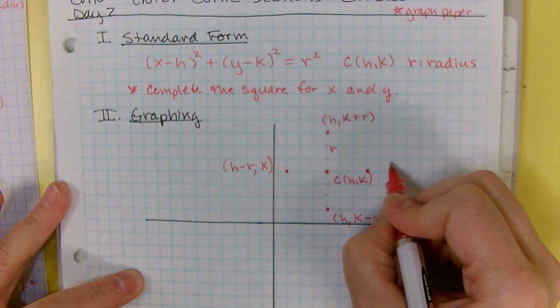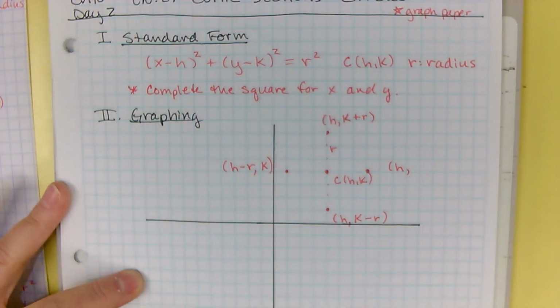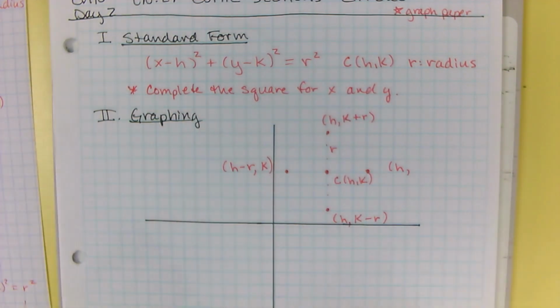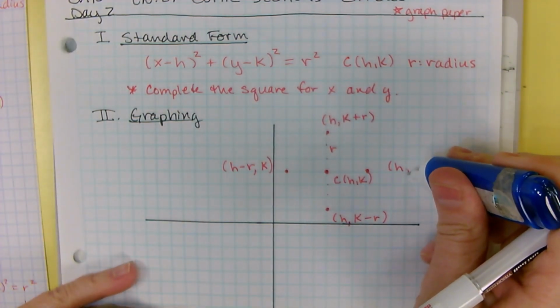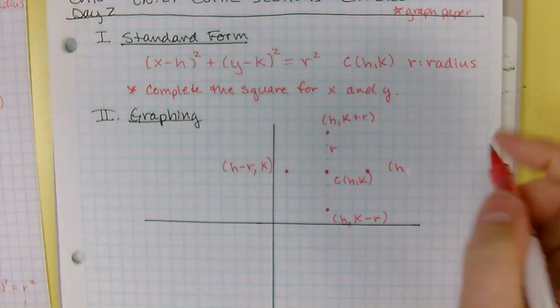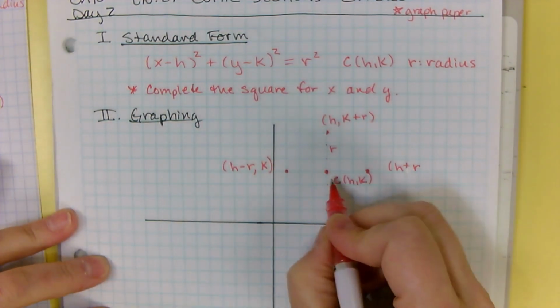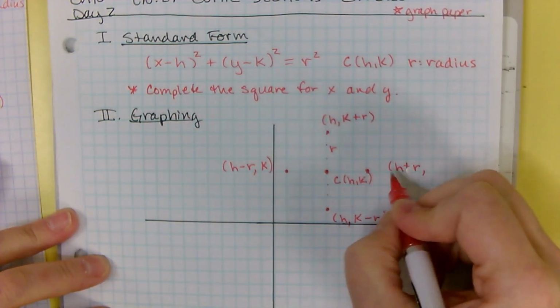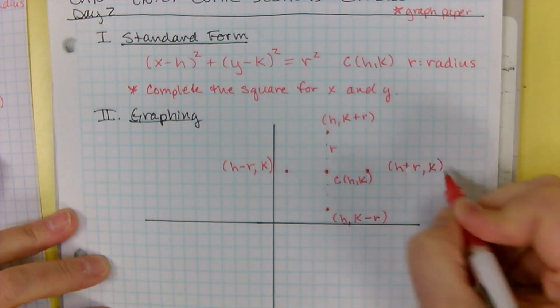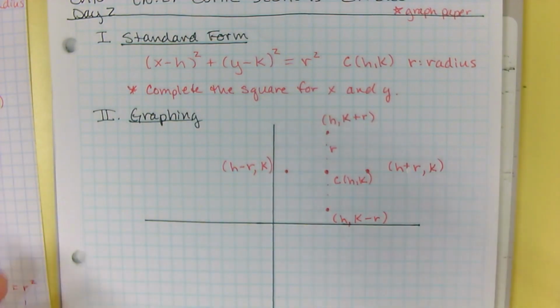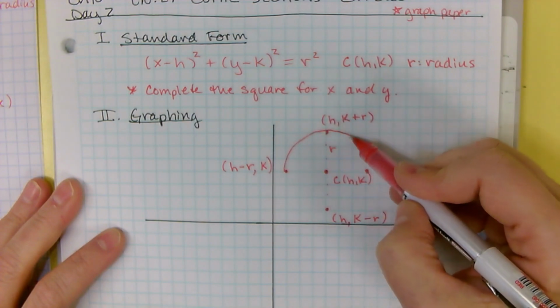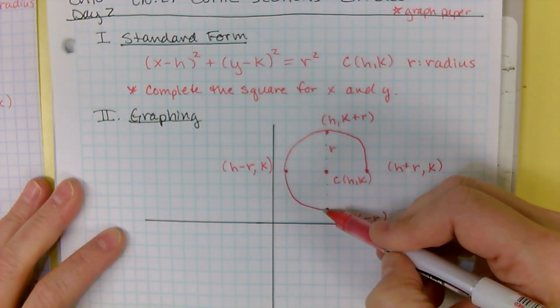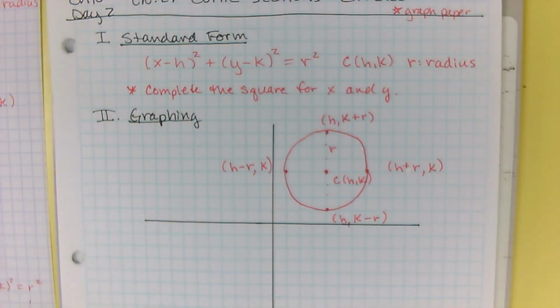You go to h, and then add r, and it has the same y value as the center, so comma k. If you join these 4 points together, you have your circle.